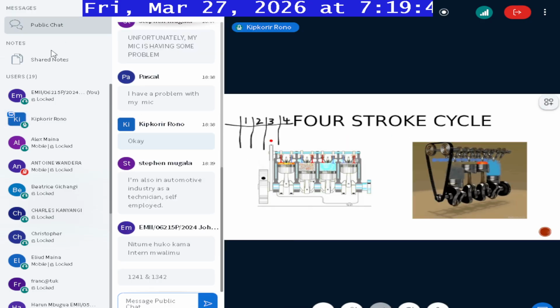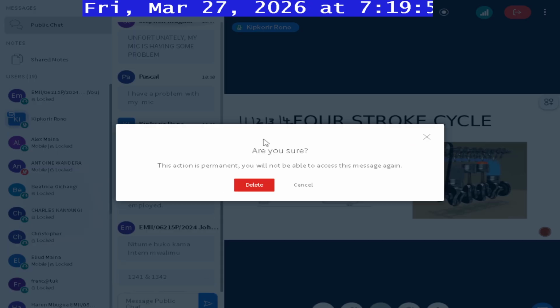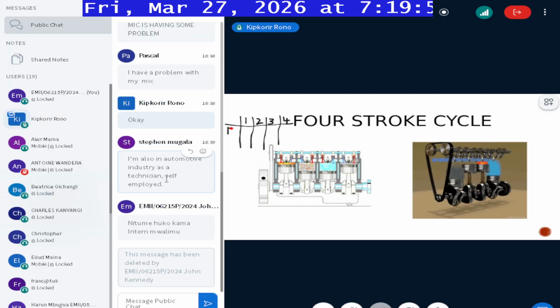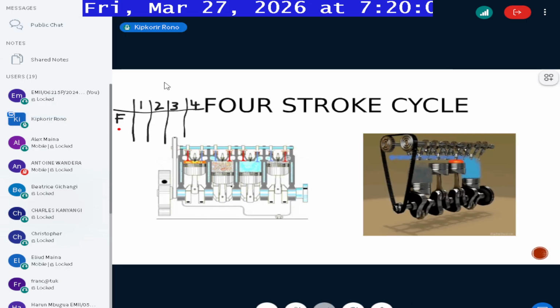So in the first 180 degrees, let me call it the first 180 degrees, then the second 180 degrees, because for every 180 degree rotation of the crankshaft the piston moves up, and another 180 degrees it moves down.